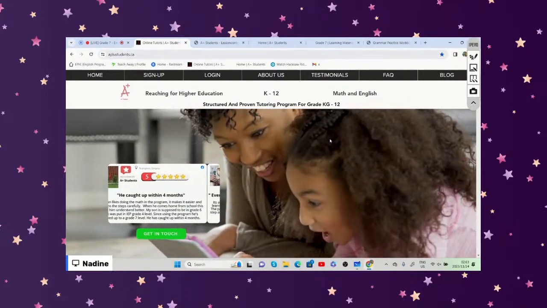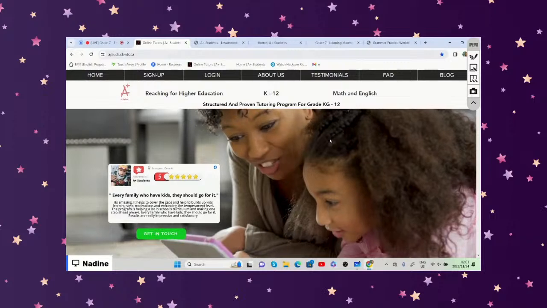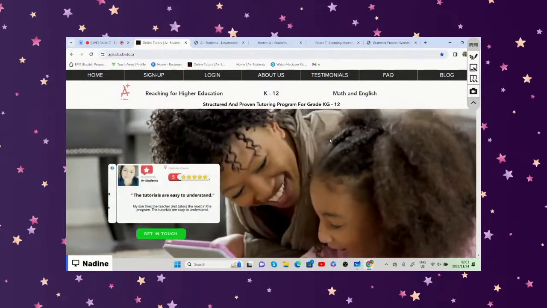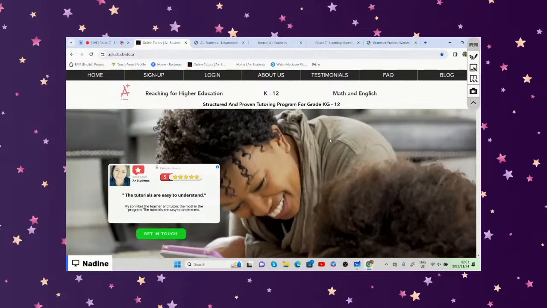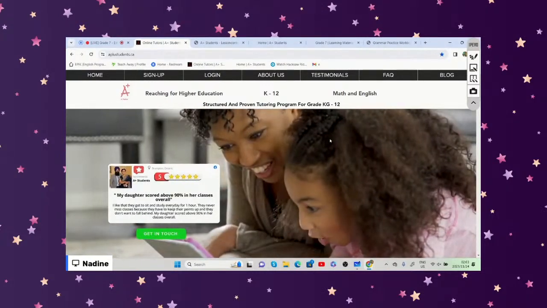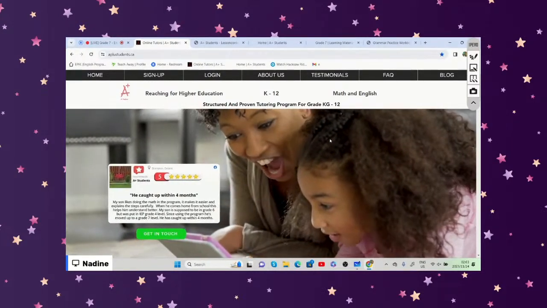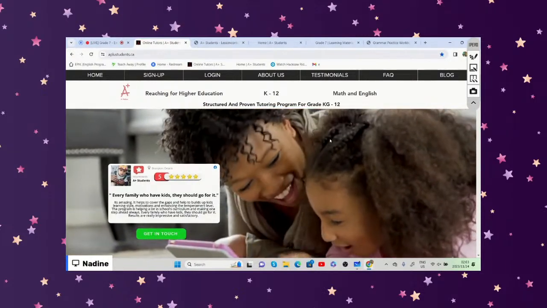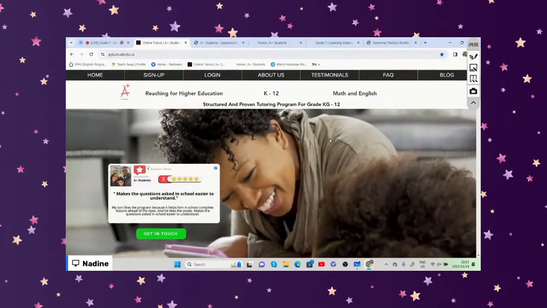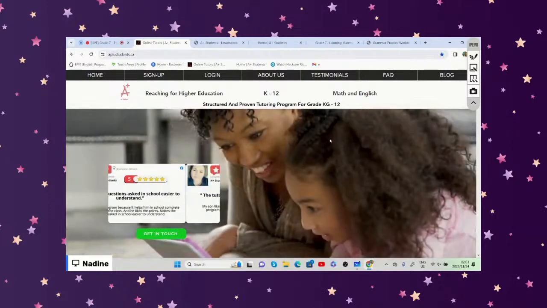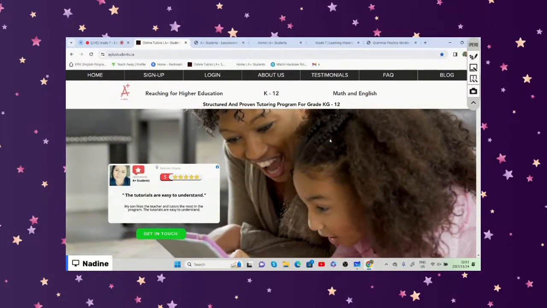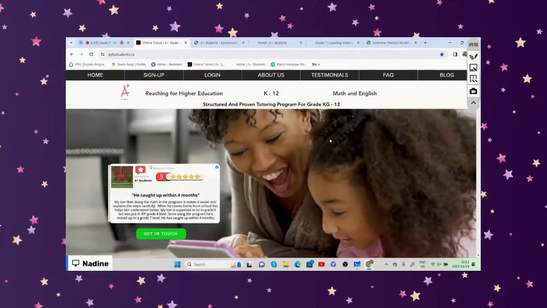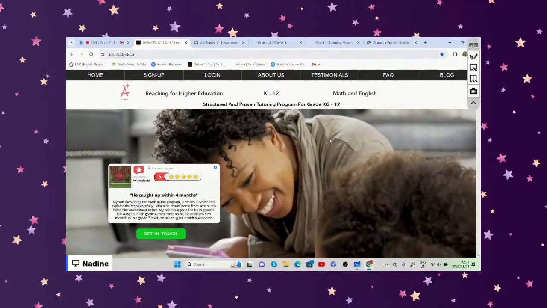Before we start with our lesson on verbs, you're going to log into aplusstudents.ca. Once you've logged in with your username and your password, you're going to select the subject of language arts and then grade 7.